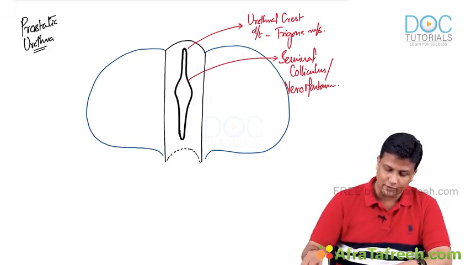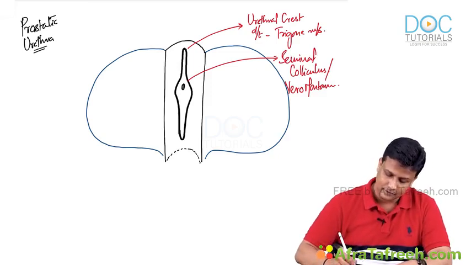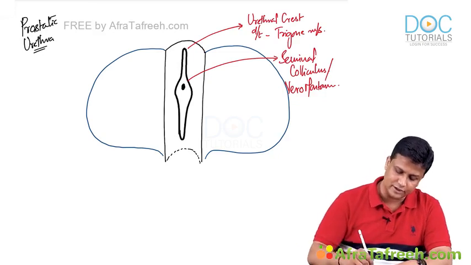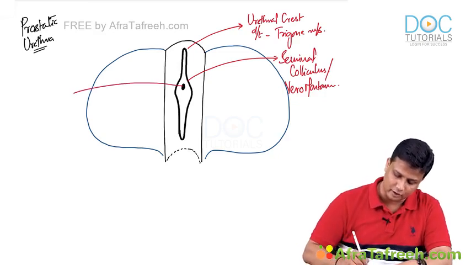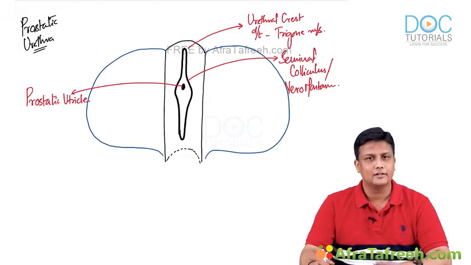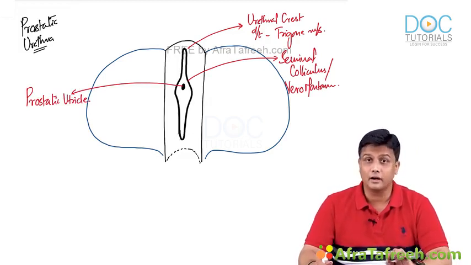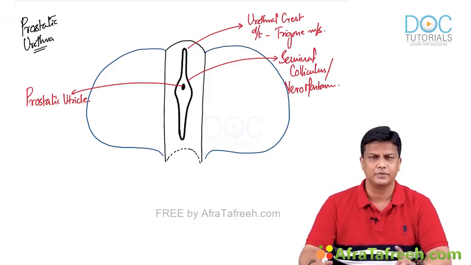Now on that you will be able to appreciate the prostatic utricle. What is this prostatic utricle, guys? Try to recall from the embryology part. The prostatic utricle is actually a remnant. In males, it represents the remnant of the Mullerian duct.